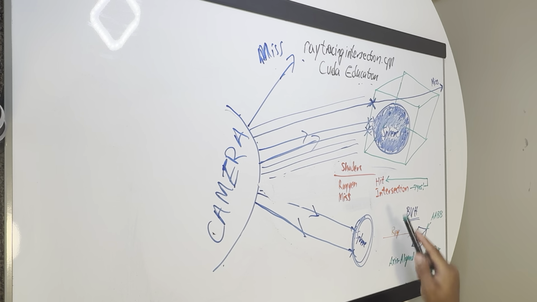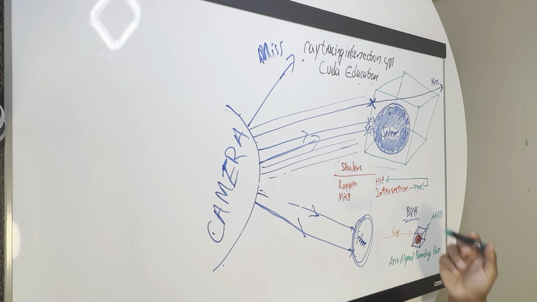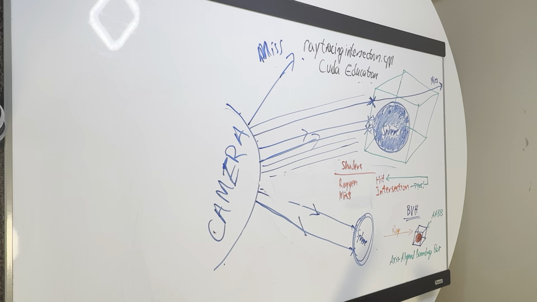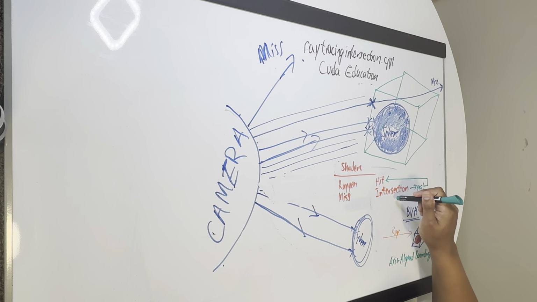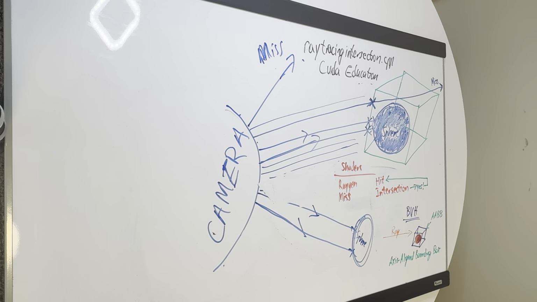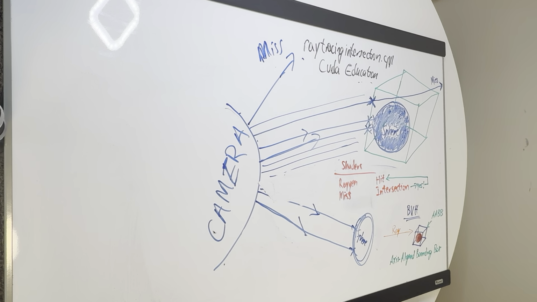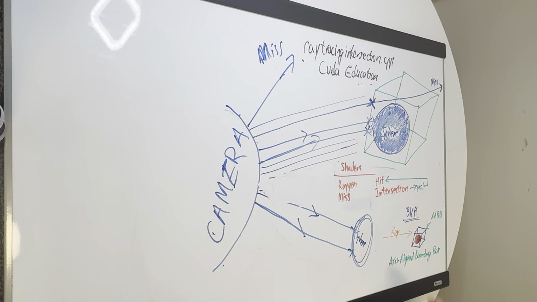So this is the expensive guy. The hit shader is the painter, but the intersection shader is what makes everything go. It's sort of the heart of this application.